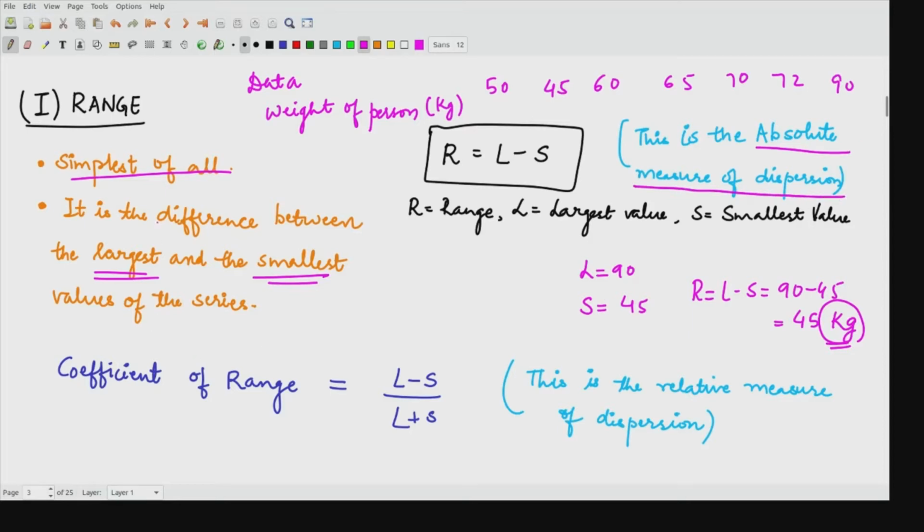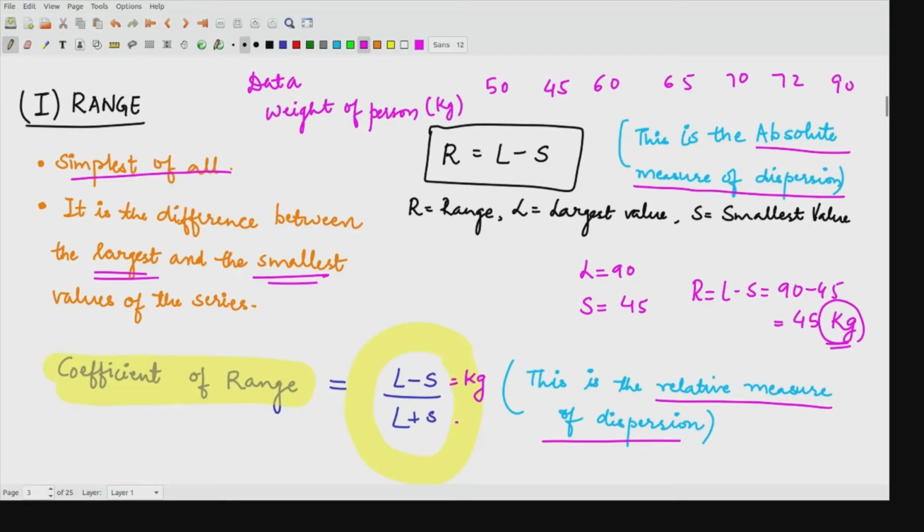Next, another term corresponding to this range is the coefficient of range. So what is this coefficient of range? It is defined by L minus S divided by L plus S. So now this is the relative measure of dispersion. Why? Because L minus S, its units will be kg.